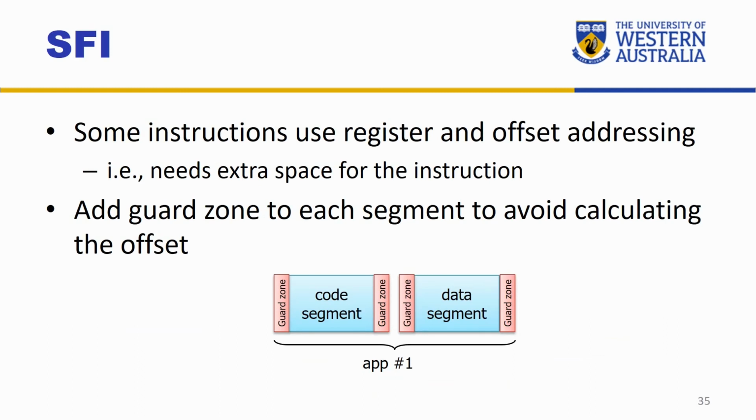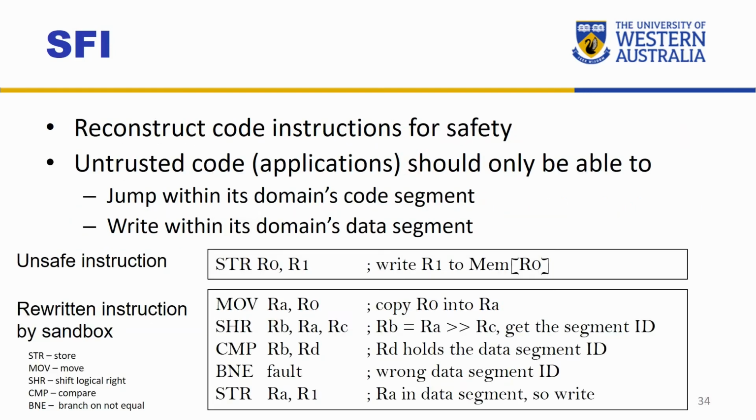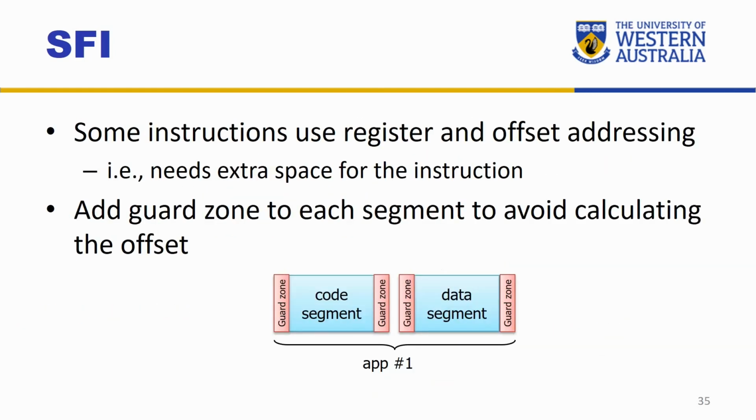So essentially what's happening here is to add the guard zone prior to and after the code segment and data segment, which can be used to ensure that when we are looking at the instructions here, that they are within the boundaries.